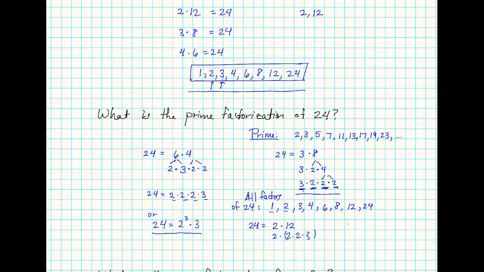Or we had 4 times 6, that's 2 times 2 times 2 times 3. So the prime factorization, this is the prime factorization.